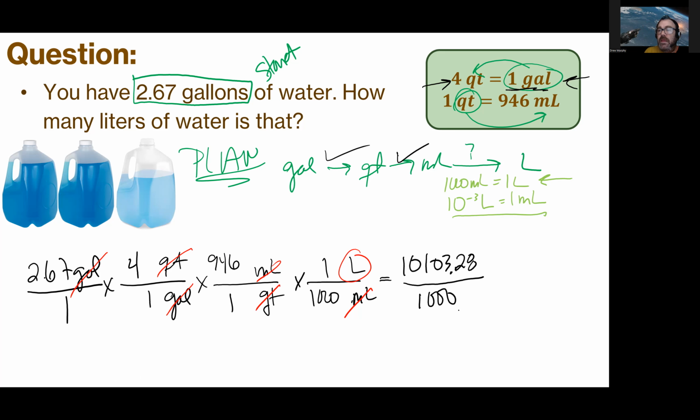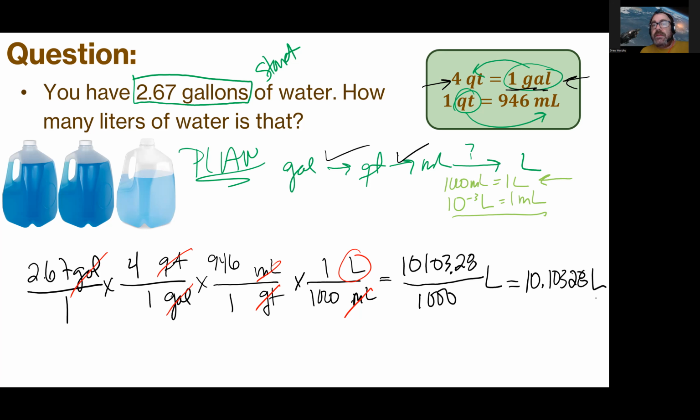All that's left is liters, so this is liters. Then we divide those two things. That divided by 1,000 is 10.10328 liters, units on everything.